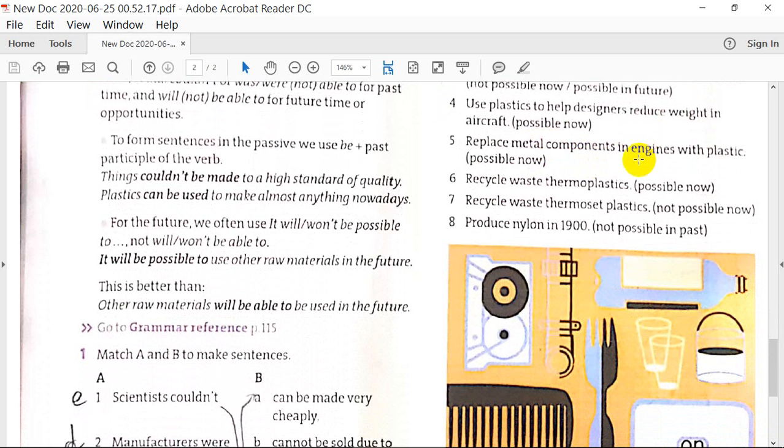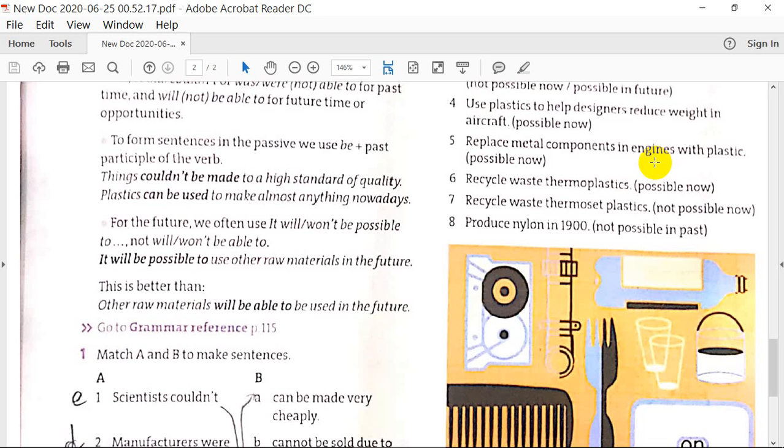Recycle waste thermoplastic, possible now. Recycle waste thermoset plastics, not possible now, but maybe will be possible in the future. Produce nylon in the past, not possible in the past, but now it's possible. Now they can make nylon from plastic, but in the past they couldn't.